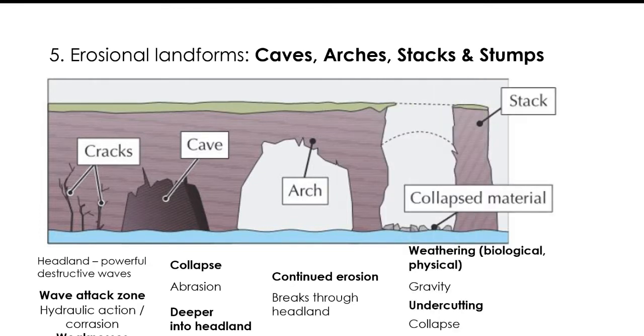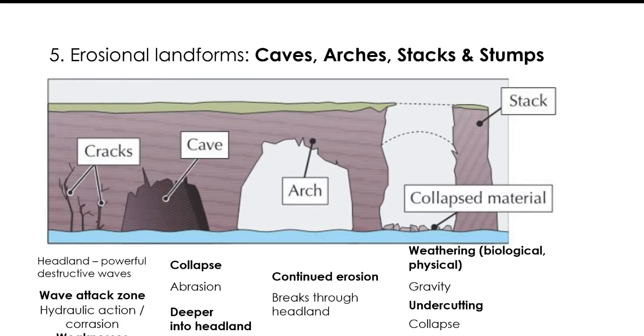So eventually that will collapse to create a stack, which will be separate to the rest of the headland because that arch top has collapsed in. You need to talk about that collapse and the idea that gravity will have played a big part there as well, and that collapsed material will be used for abrasion within the water itself.